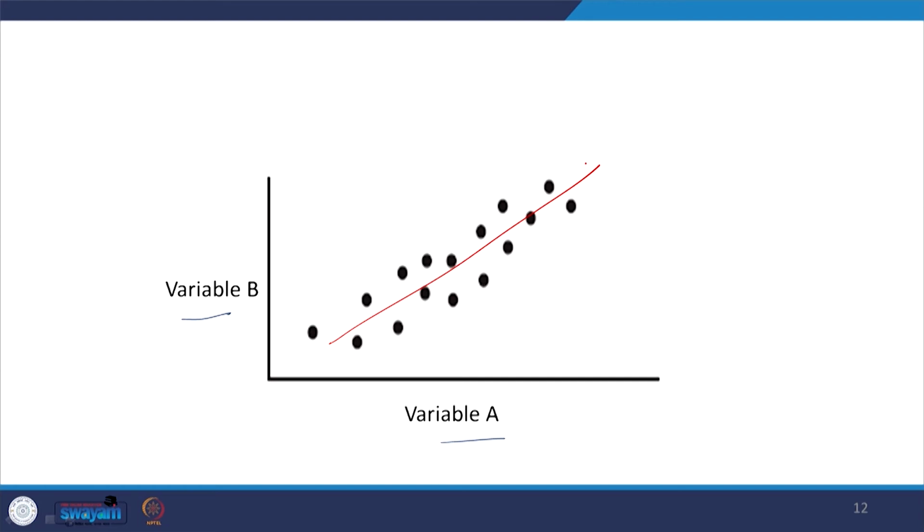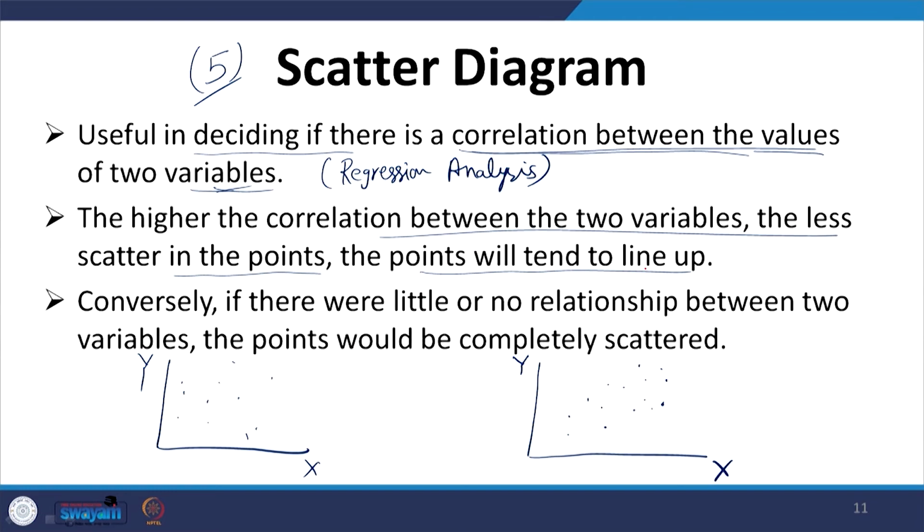But there can be another situation where points are like this. Now, if points are scattered like this, like red crossing signs, then this red line is not a good representation of the scatter diagram. So, that is one important output.